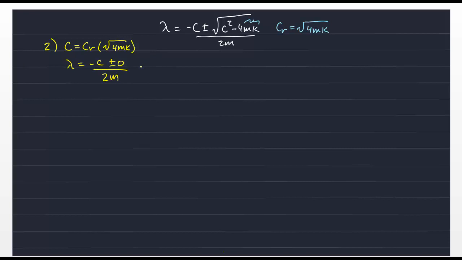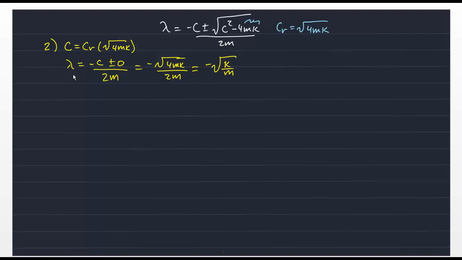And if we substitute square root of 4mk for c, then we get minus the square root of 4mk over 2m, and that equals minus the square root of k over m.